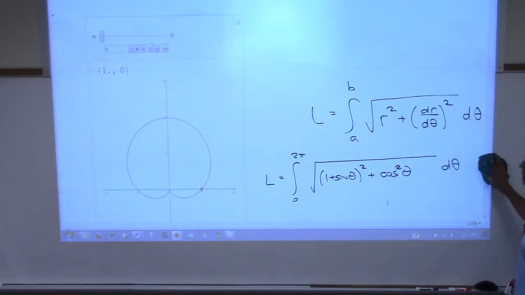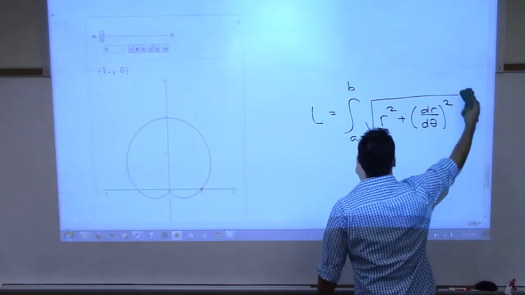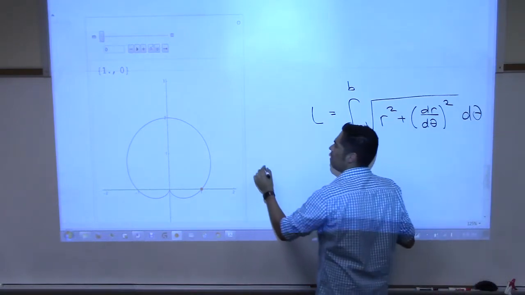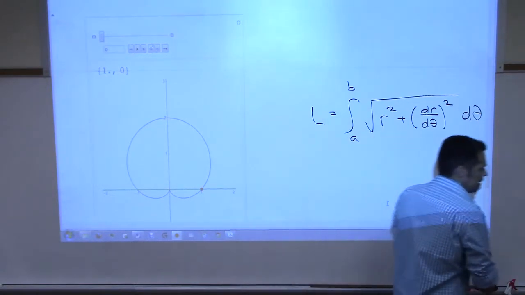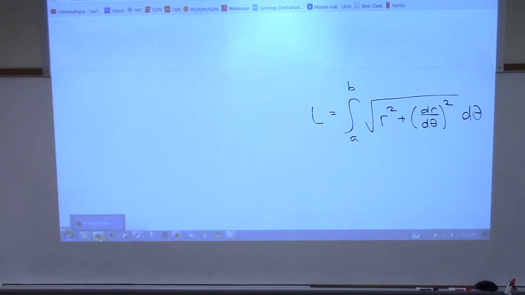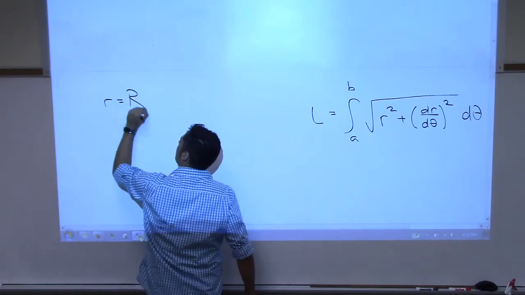I was curious, could we verify the circumference of a circle? What is the circumference of a circle? We all know it's 2 pi r, right? So if I take the equation of a circle again, this is going to be kind of awesome. Okay, what's the arc length of a circle of radius r?